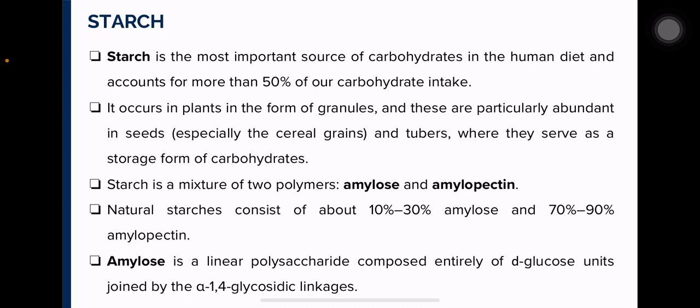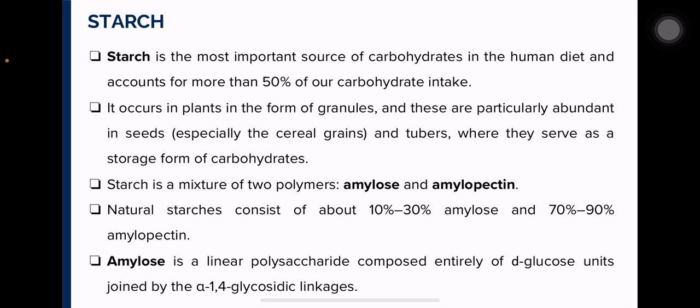Starch is the primary dietary carbohydrate for humans. It makes up over 50% of our carbohydrate intake. It exists in plants in the form of granules, particularly in seeds and tubers. Starch is a mixture of two polymers, amylose and amylopectin.